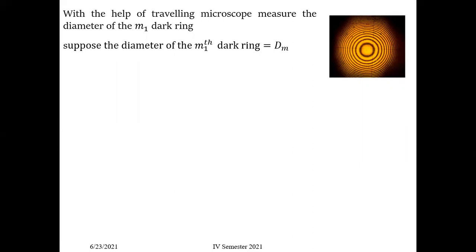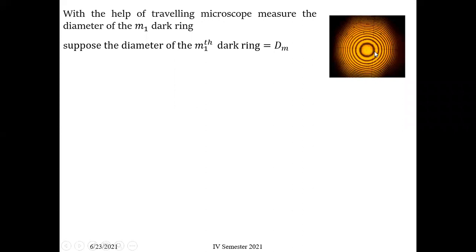You have to coincide the vertical crosswire of the traveling microscope with the first dark fringe. From the central bright fringe, you have to count the order of the dark rings. The first one is the first dark ring, the second one is the second dark ring, like that.